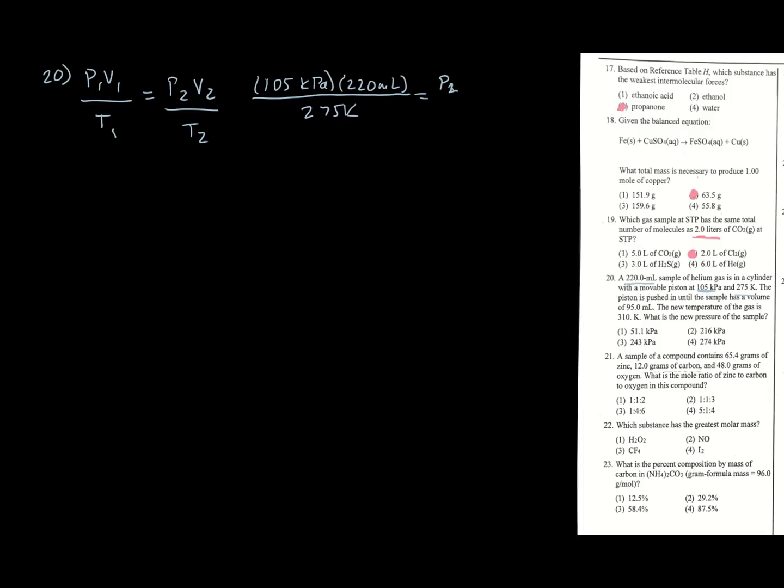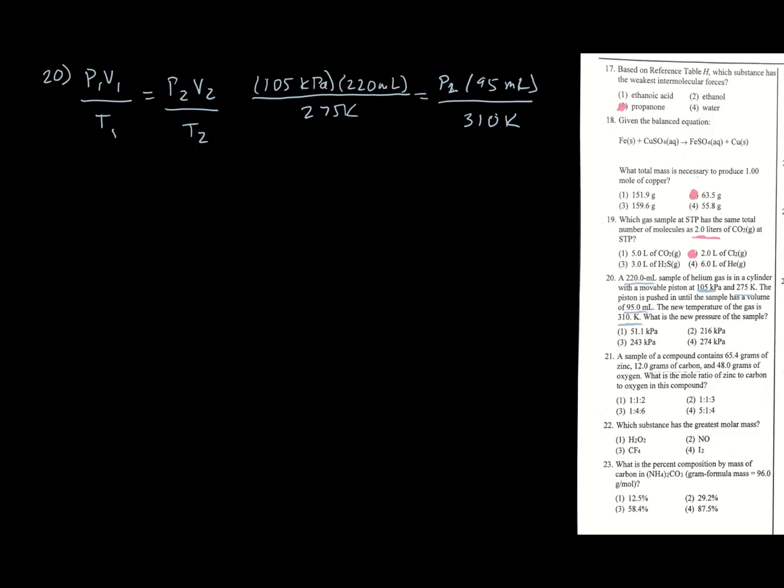V2 is our new volume of 95 ml. And our temperature is going up as well, so that's 310 Kelvin. If volume goes down and temperature goes up, ooh, pressure is going to increase exponentially.